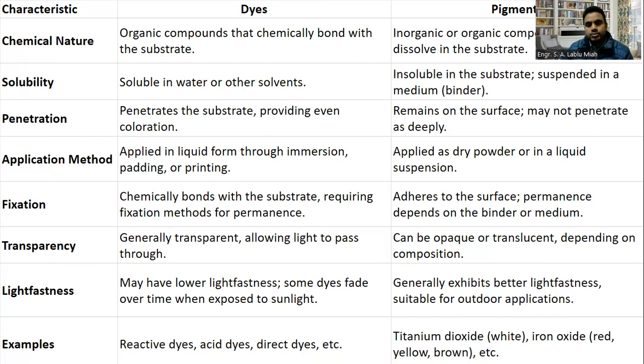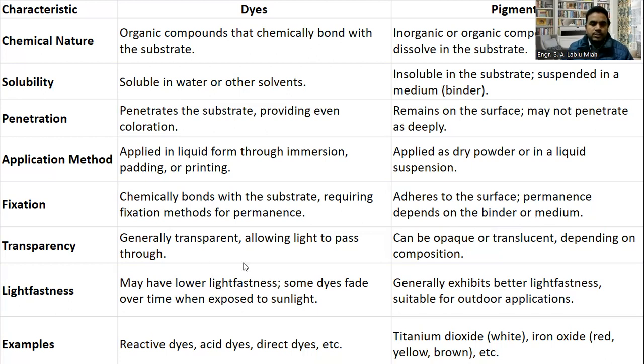Soda ash is used as a fixing agent, and for pigment, it adheres to the surface. The performance depends on the binder or medium. So the surface performance depends on the binder or any other medium that is used for pigment.